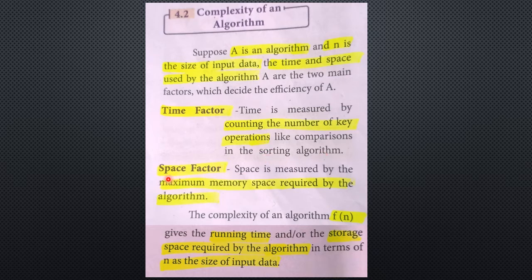The space factor is the maximum memory space required by the algorithm. These are two very important questions. So the complexity of an algorithm we can calculate as f of n, the running time and the storage space required by the algorithm in terms of n, the size of the input data.